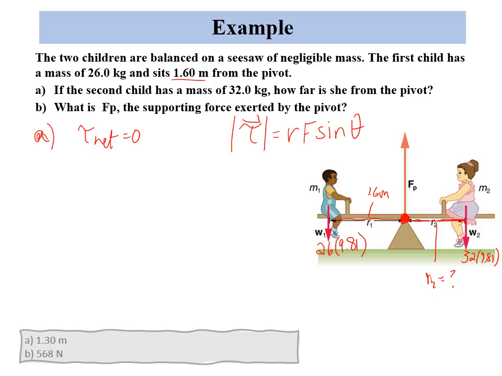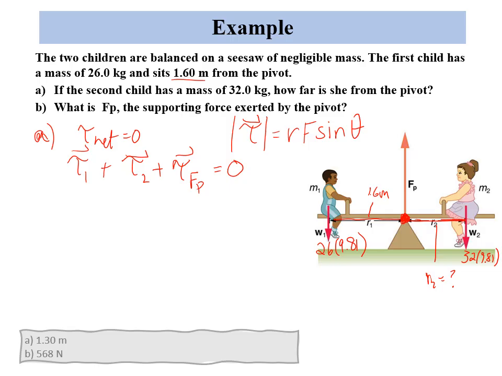Since I have three forces, the net torque would be the torque due to object 1 plus the torque due to object 2, and then the torque due to the force at the pivot. This is equal to 0. I need to figure out their directions. To figure out the direction of the torques, remember clockwise is negative, counterclockwise is positive.